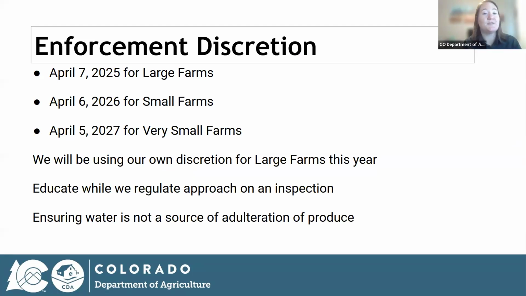They do have enforcement discretion and they do it by size. So large farms, as you can see, lose their enforcement discretion April 7th of this year. April 6th of next year is small, and then April 5th of the following year is very small. To give you an idea, if you don't know what size farm you are and when your enforcement discretion would end: a large farm, by your 3-year rolling average of produce sales, is 638,000 and above.